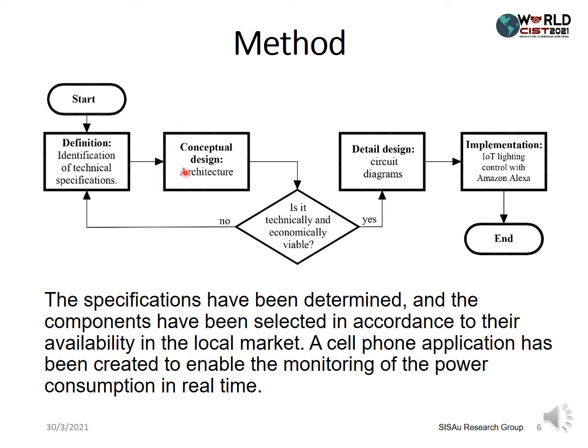Stage 2 is the creation of the concept designs and the architecture, as well as the selection of the main components and the economic feasibility analysis. Stage 3 is the detailed design, and finally stage 4 is the implementation.